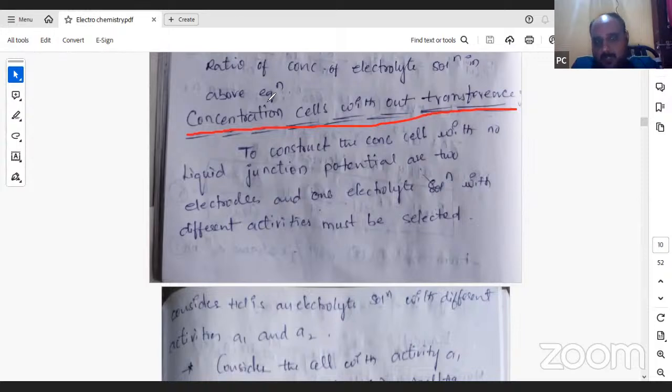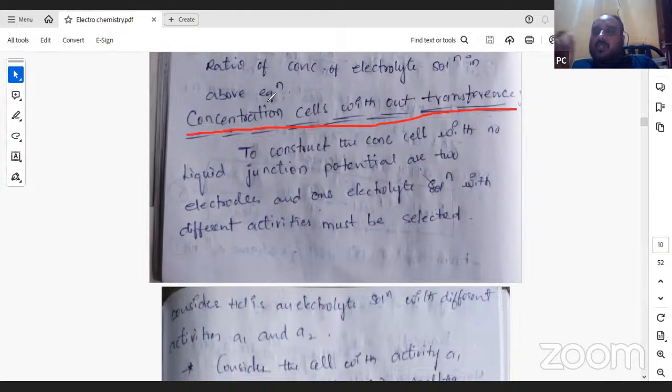Then concentration cells without transference. Concentration cells means what? The potential is developed due to the transfer of ionic species or any substance from high concentrated solution to low concentrated solution. Keep it in mind. Definitely, we have to take two solutions in the concentration cells.